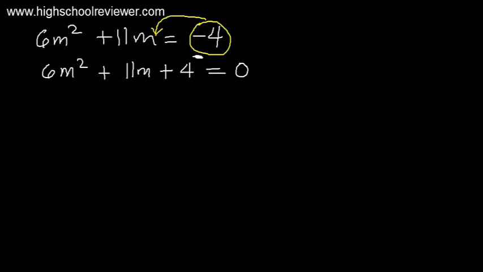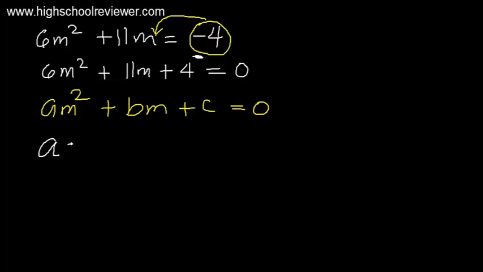So this is now of the form am squared plus bm plus c equals 0. We can now get the values of a, b, and c. So our a here will be the numerical coefficient of our first term, and this is positive 6.